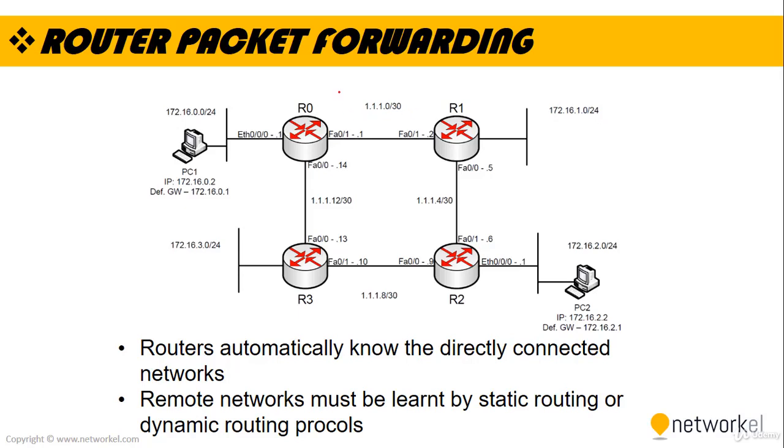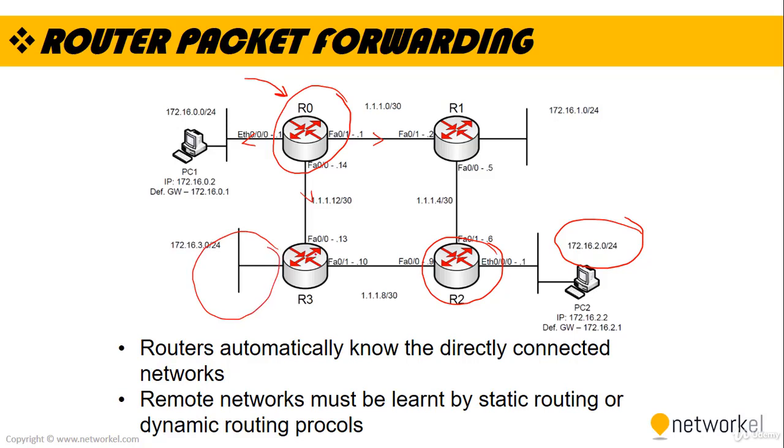For example, if router 1 wants to communicate with router 2, I'm gonna go to router 0 and tell this guy, hey dude, if you want to communicate with this network, for example, because this guy knows the directly connected interfaces automatically, and this guy does not know anything about in here, and in here also.